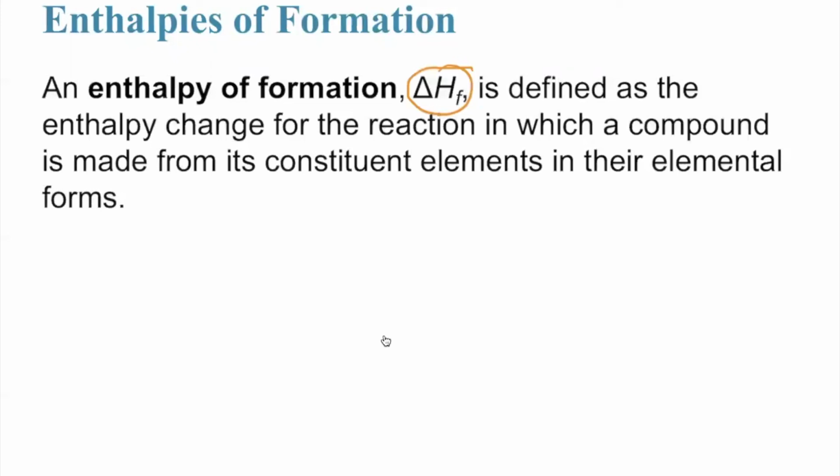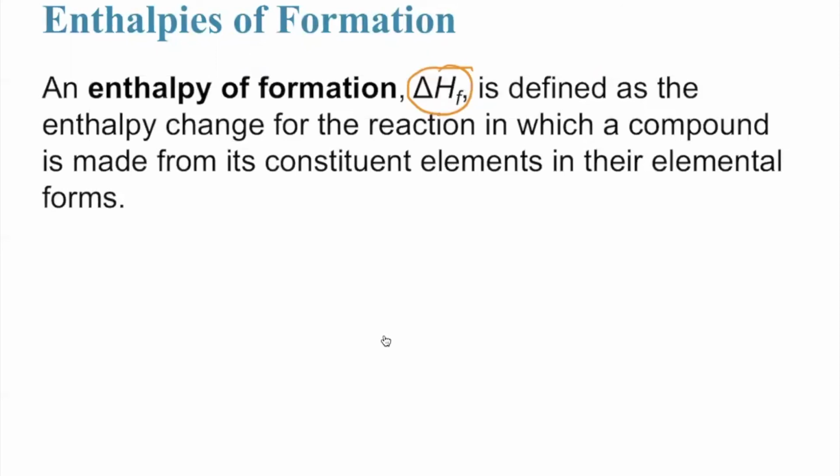The one equation that I want to give to you that you should only become familiar with. There is going to be a table at the end of your textbook that gives you the entropy of formation for each different element.